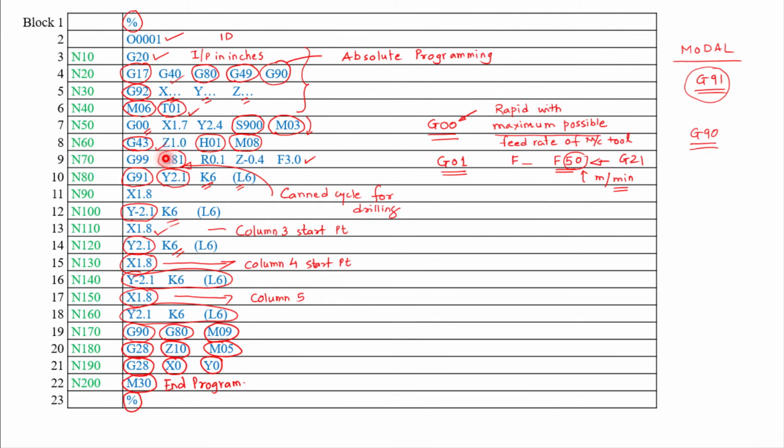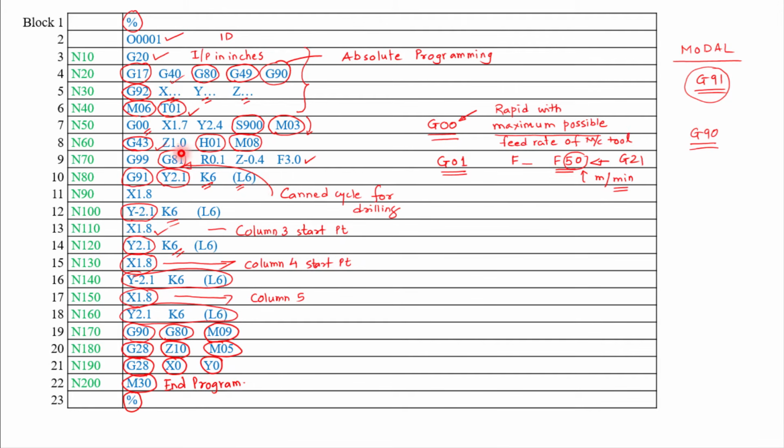So when it is approaching Z equal to 0, that is the reference plane, the safe distance, it is utilizing the value of H01, the length of the cutting tool, which would be considered when it is approaching the Z level, and it is turning the coolant on with M08.